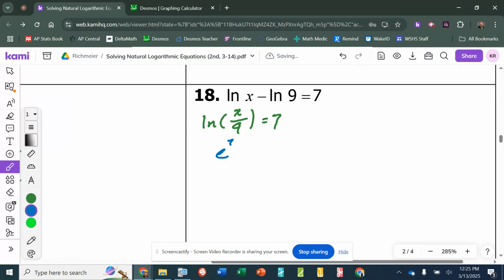So I have e to the 7th power, because it's my base, 7 was my exponent, and then in here, what we call the mantissa, is x over 9. Now, to finish solving for x, right now x is being divided by 9, so we're going to multiply by 9.